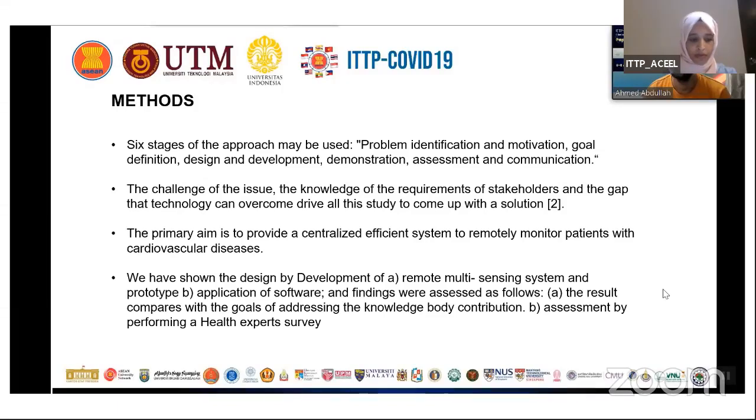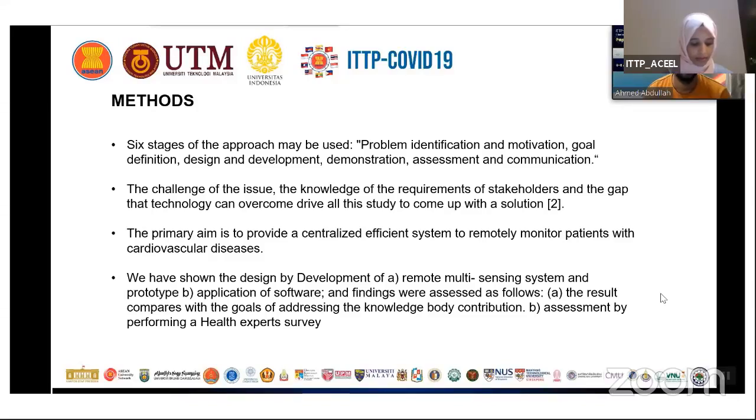Then the challenge of the issue, the knowledge of the stakeholders, and the gap the technology can overcome drive this study to come up with the solution.